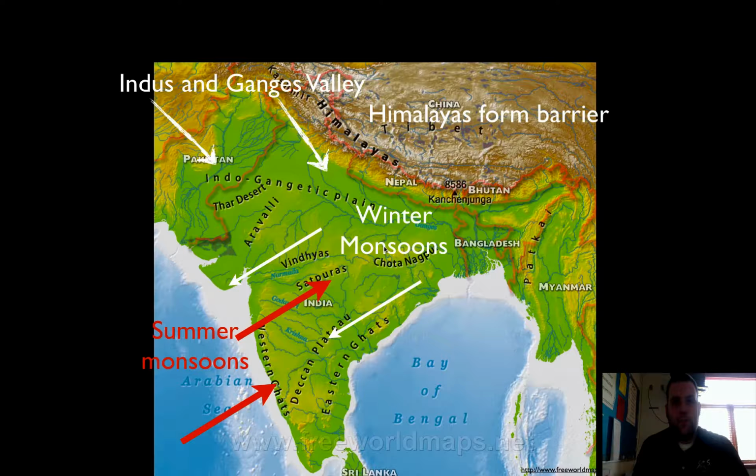It's still hot, but it's not as humid as you would think it would be here in the United States. Depending upon where you are in India, you may have to get water out of wells. The rivers may dry up during the winter monsoons. It's a drastic change from the summer monsoons to the winter monsoons.